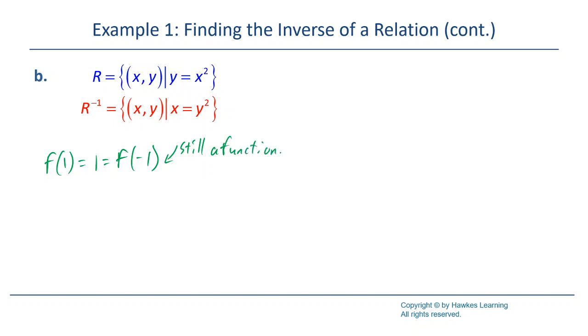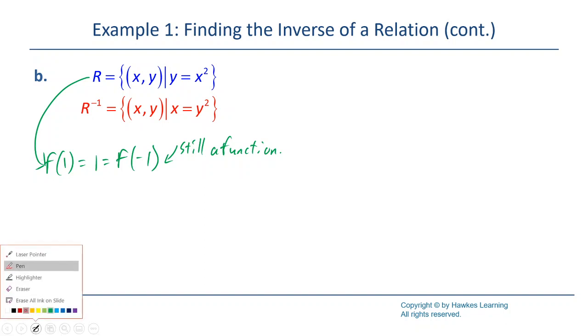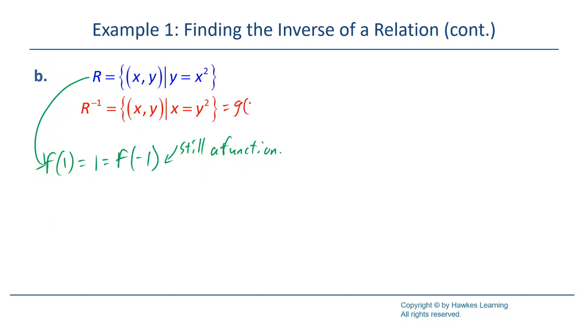Notice now there's an issue, though, whenever we try and deal with the second one as a function. Because, well, let's call this one g of x.